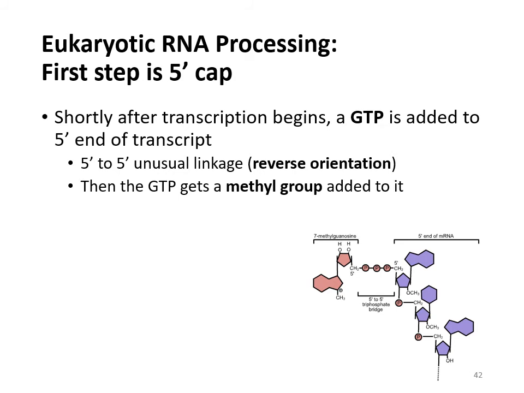The reason why that's important is because in the cell of eukaryotes, there are a lot of 5' exonucleases, meaning that there are a lot of enzymes that will go around and chop up 5' ends of RNA. So by putting a 5' cap that makes the 5' end look different, these enzymes can't recognize the RNA and won't chop it up.